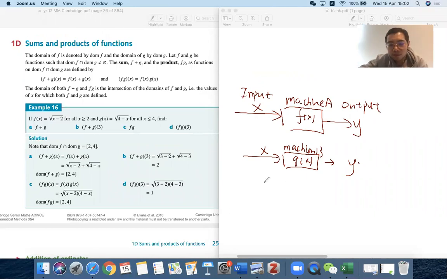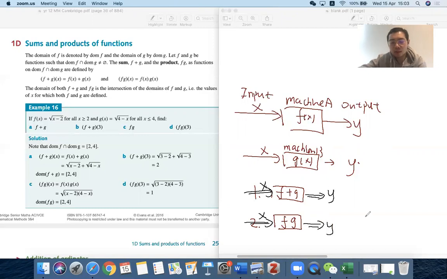The first way is f plus g, and the second way is f times g. Again, we put x in and x in, and get a y out and another y out. You may ask, is it possible to do f minus g and f divided by g?